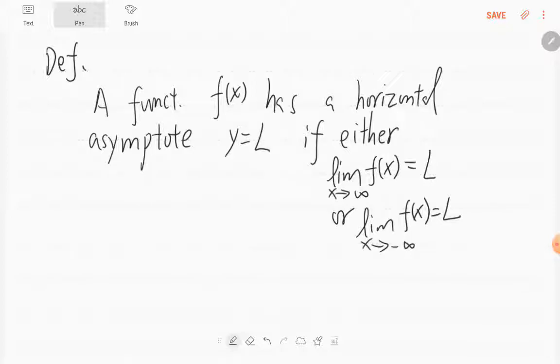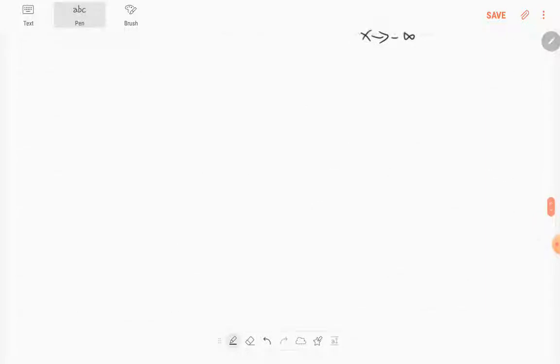Right. So here is some typical way we will see that. Let's use some examples. Okay.